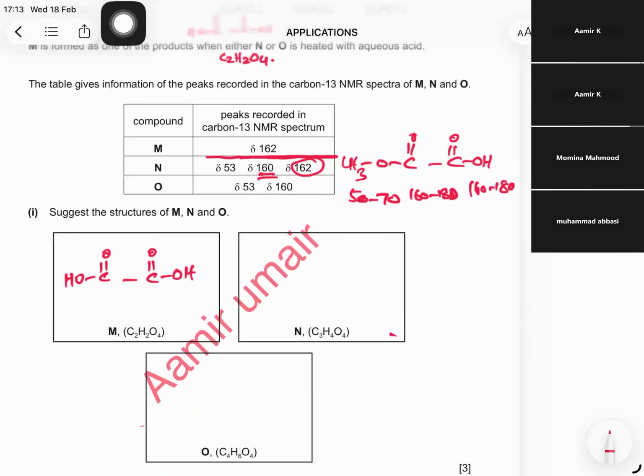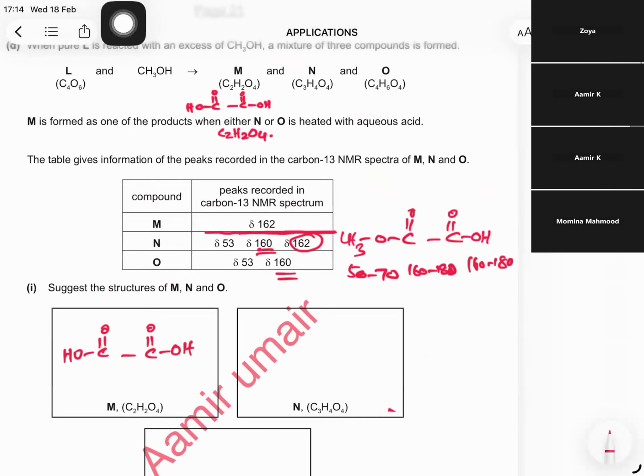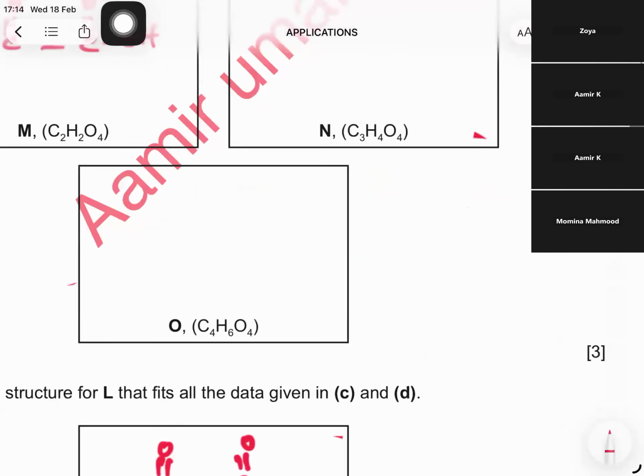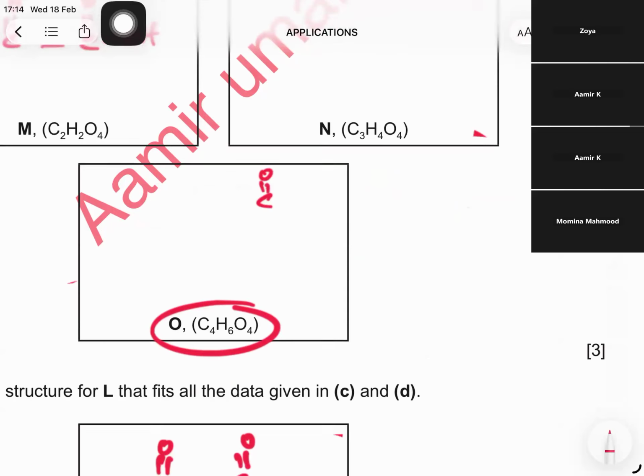O. O has 4 carbons and only 2 peaks. A carboxyl. So all 4 carbons are actually carboxyl. All 4 are carboxyl, right? Because this is C4H6O4. So this is carboxyl.